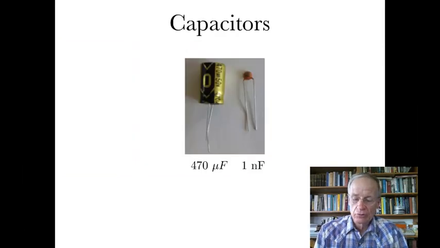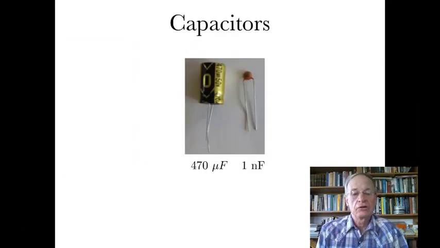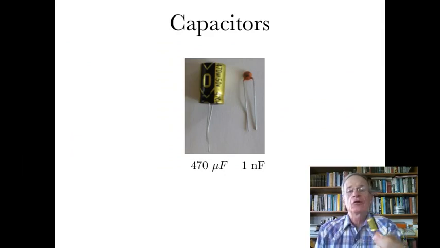So let me show you a capacitor. And you can see on the left there a 470 microfarad capacitor, and it's pretty big. There it is. It's pretty good size, bigger than my finger in diameter. And that's, like I said, a pretty hefty size capacitor.